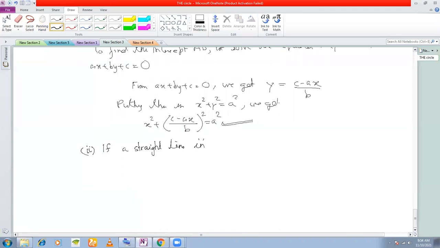intersects the circle at only 1 point, then that straight line is called a tangent to the circle.